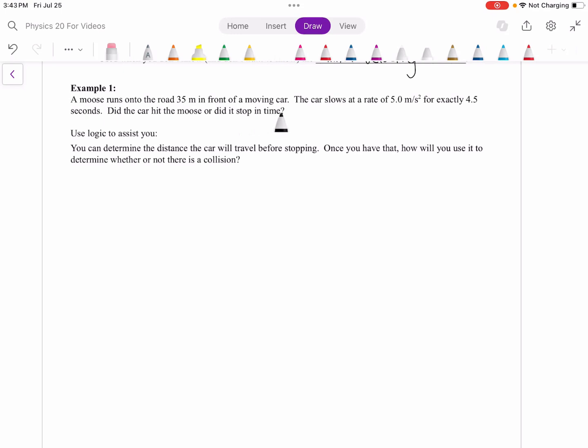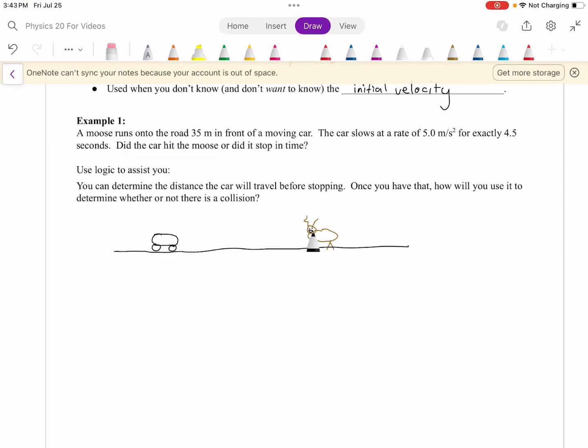Okay, so we got to think here a bit, right? I think a picture will be very helpful. So we got a car and then we got a moose. Again, doesn't need to be a work of art like mine is, okay? Just something to help you get your bearings. A scared moose. Okay, now the moose is 35 meters in front of the moving car.